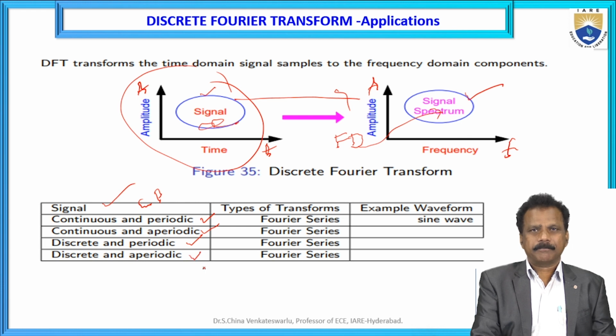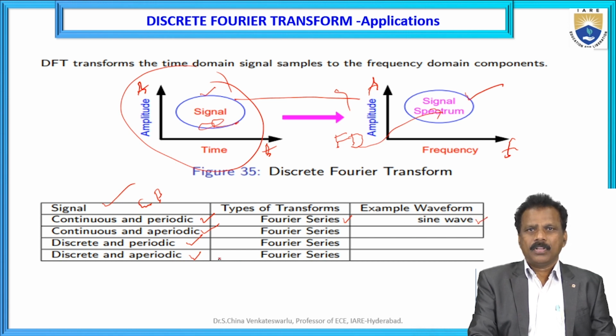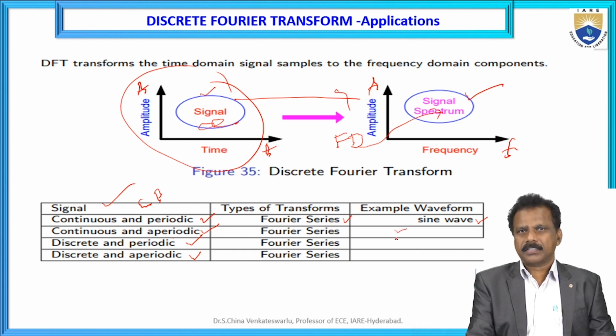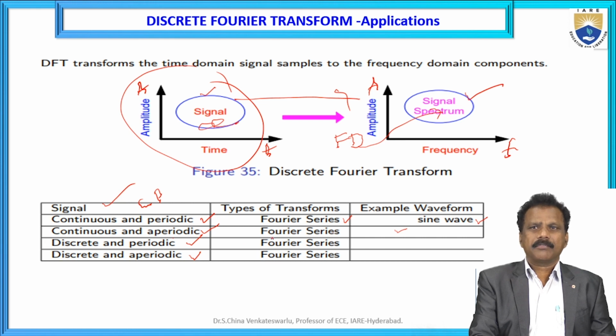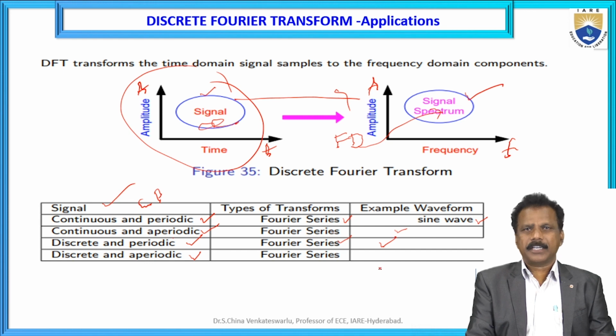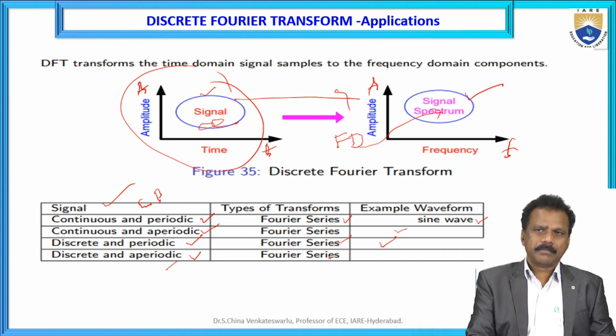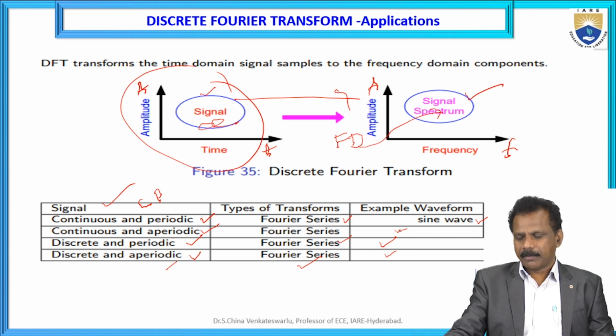For a continuous periodic signal, the relevant transform is the Fourier series, and for the output response we expect a sine wave. Likewise for discrete and periodic signals, we expect the desirable waveforms.